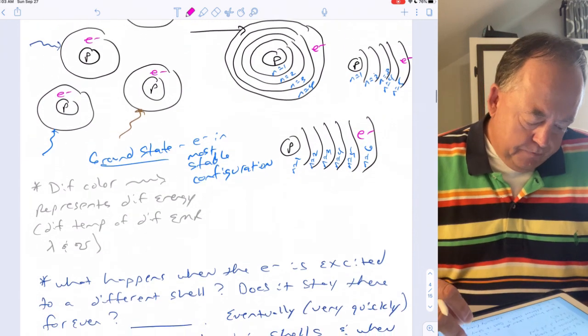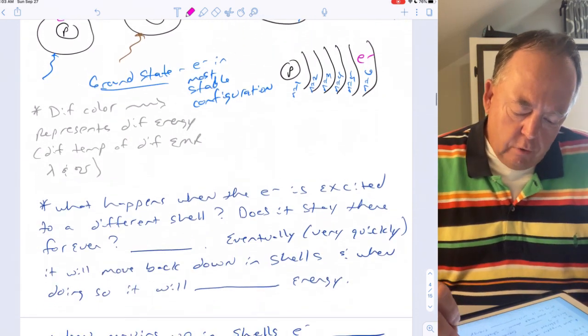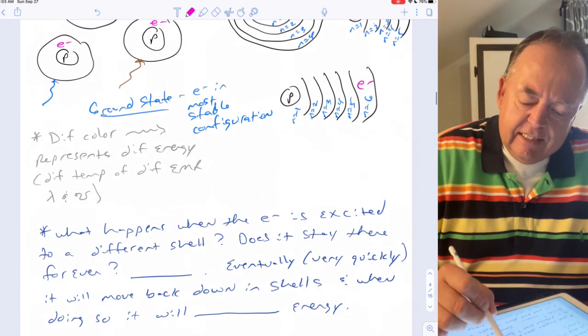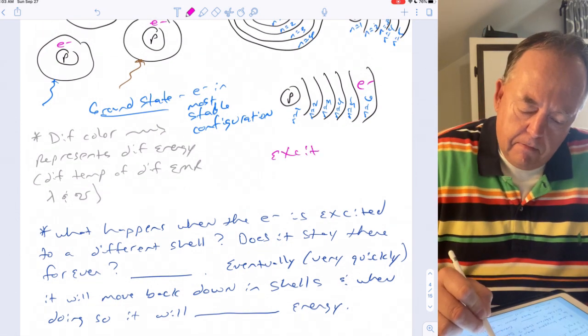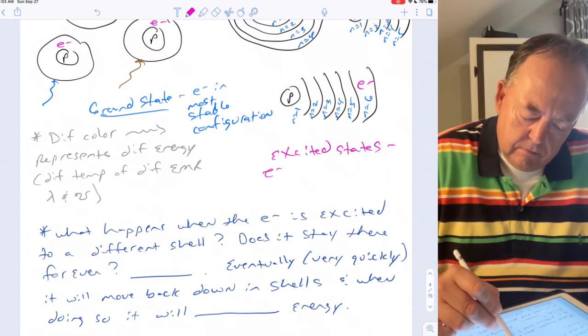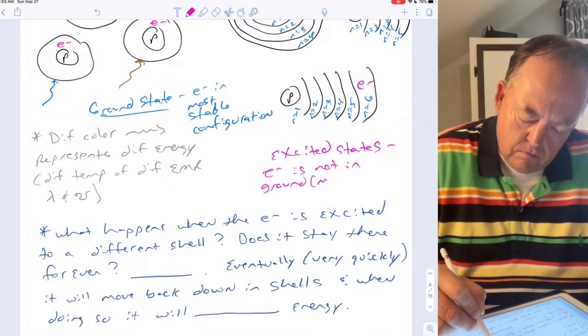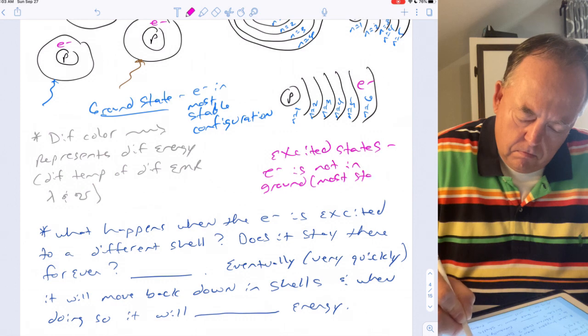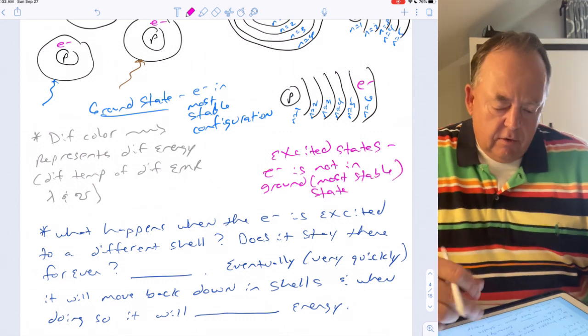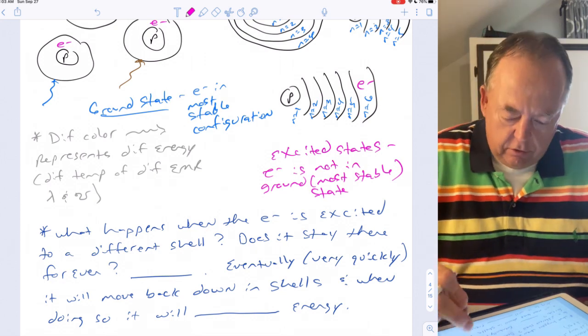Okay. So this would be what are called excited states. These electrons are more energetic now, so they're less stable.